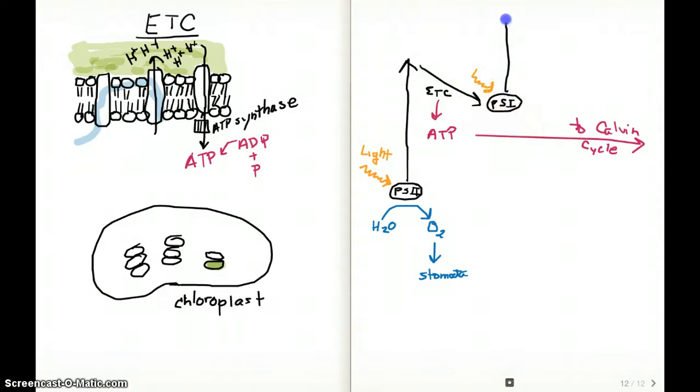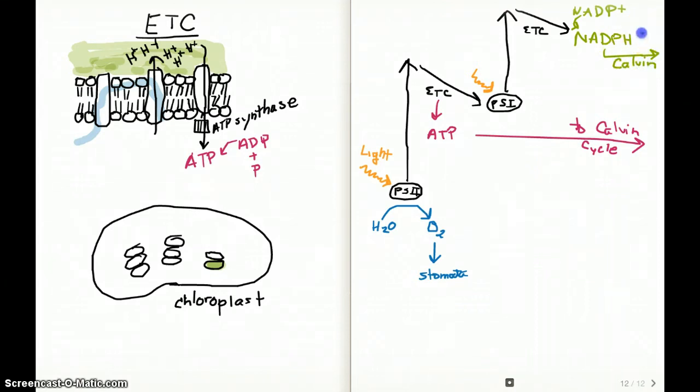This is actually chlorophyll B, and photosystem 1 was chlorophyll A. It travels down another small little electron transport chain, and eventually we get, let's use our green color here, NADPH, which is our electron carrier. So we have NADP plus coming in, and we get NADPH, which also goes over to the Calvin cycle.